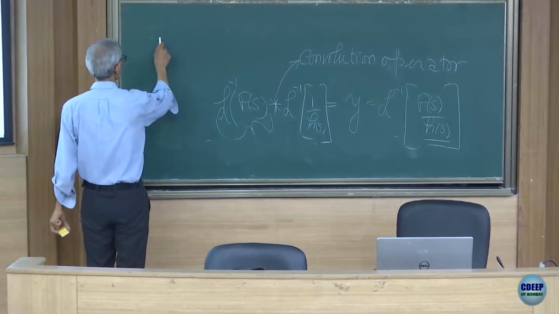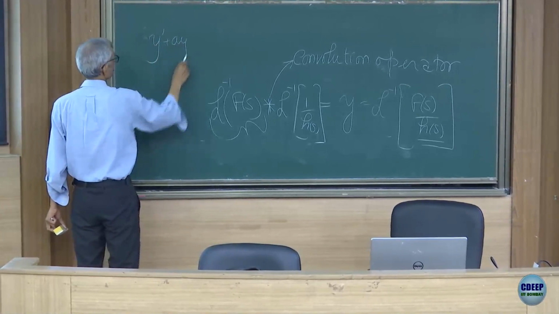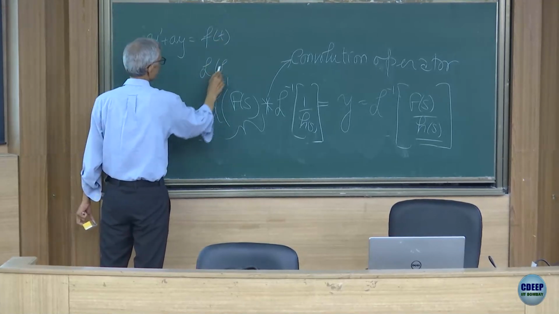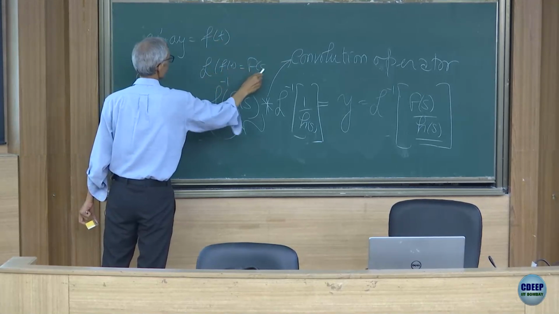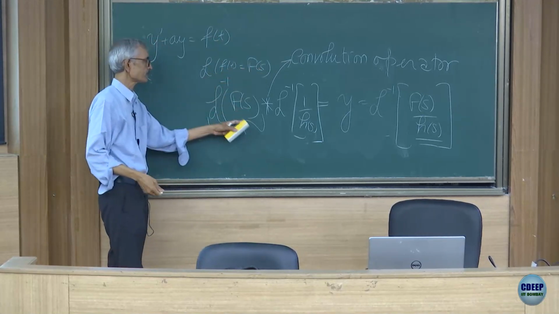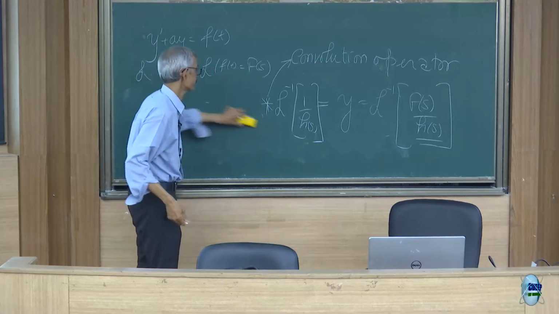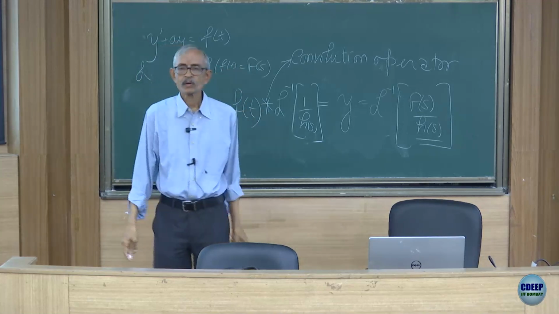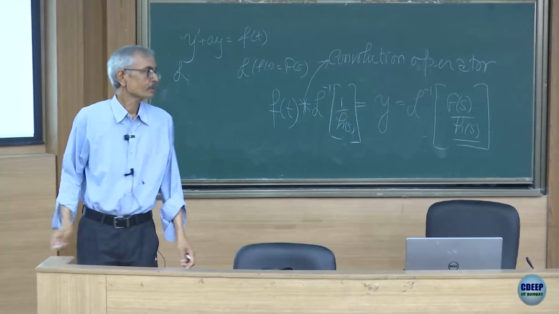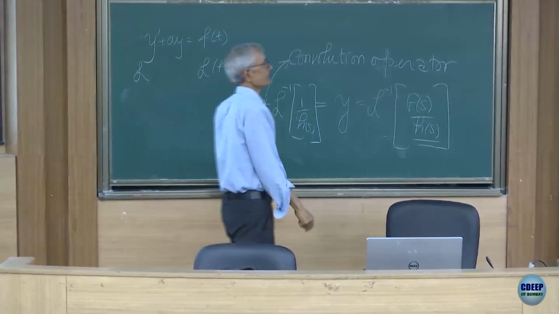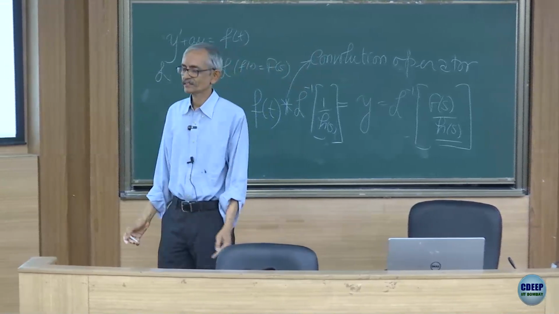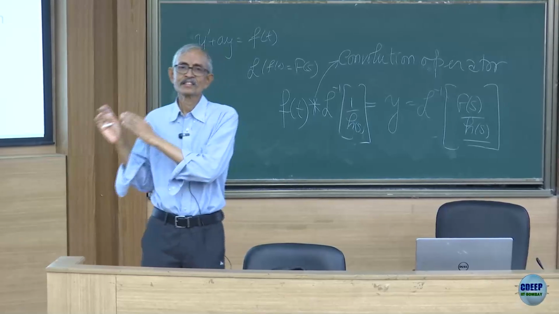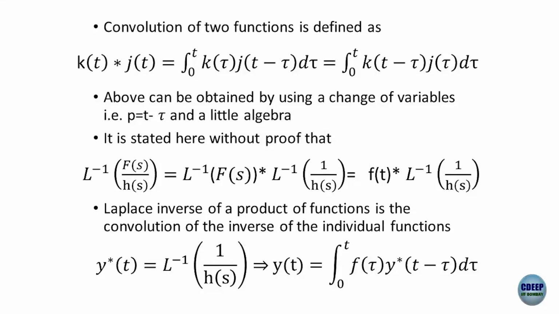Because remember we had, this is f t, we took the Laplace on both sides and we said that this was cap fs, and so the Laplace inverse of this is nothing but f of t. So y is going to be equal to f of t convolved with Laplace inverse of 1 by hs.